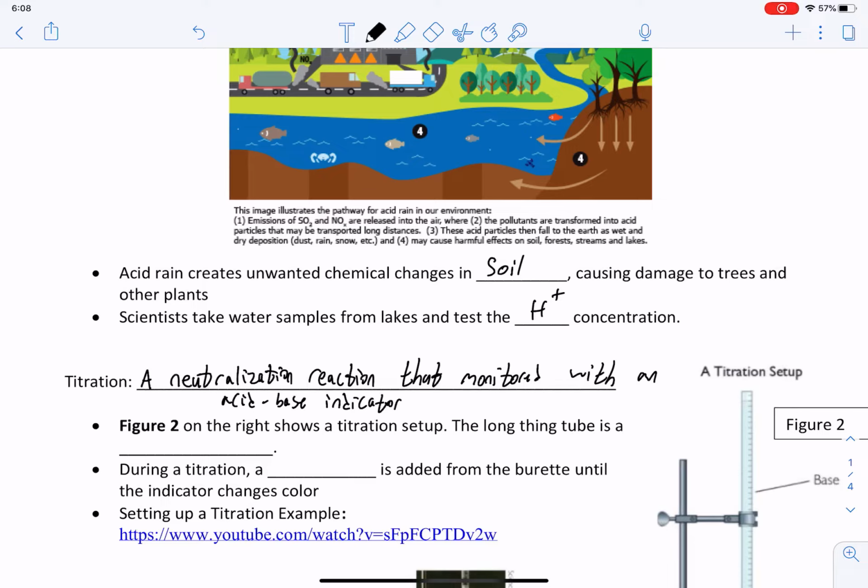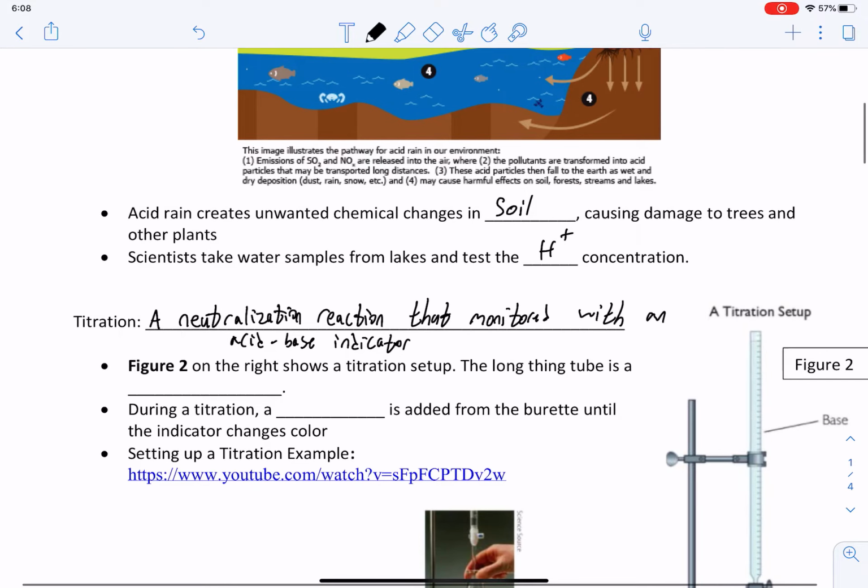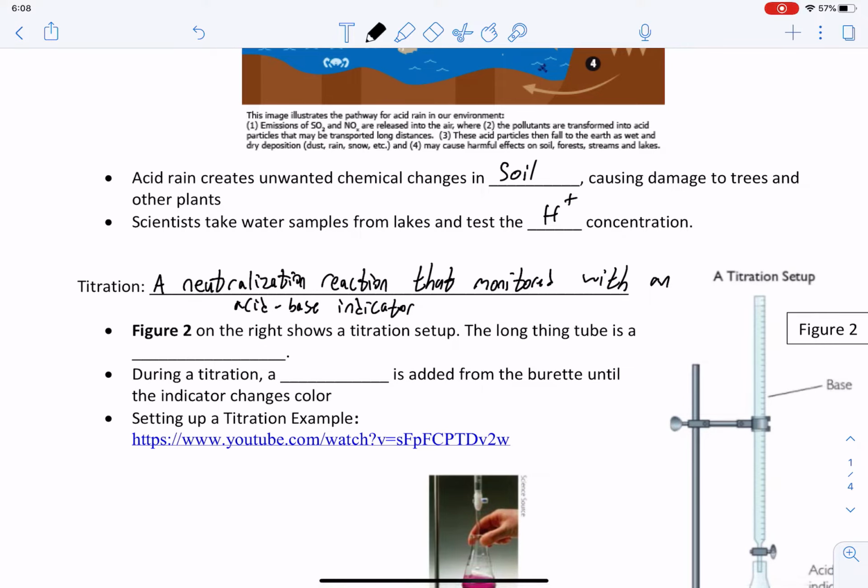Okay, so generally we'll have an acid with an unknown concentration, and we want to figure out how concentrated it is, or how many hydrogen ions are in that solution.